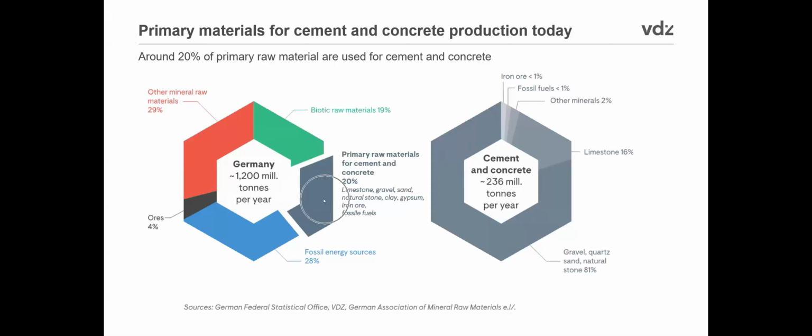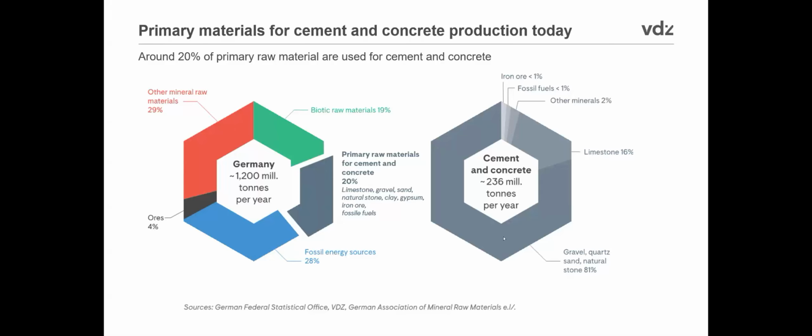And you see that 20% of this goes for concrete and cement. And then, of course, we have other raw materials. Of course, the fossil energy sources we should not forget. We have biomass here, but of course, we have also minerals that we use for other purposes, not only for cement and for concrete. Now, this here, this gray part, then of course, is then the starting point for cement and concrete raw materials.